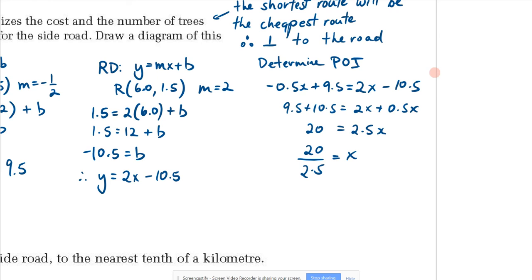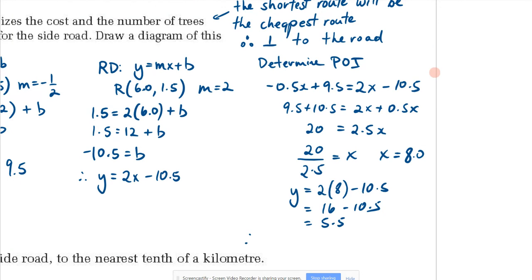And x turns out to be equal to 8, or you could say 8.0. Then you substitute it back into one of the original equations. So y equals 2 times 8 minus 10.5, and that's equal to 16 minus 10.5, which is equal to 5.5.